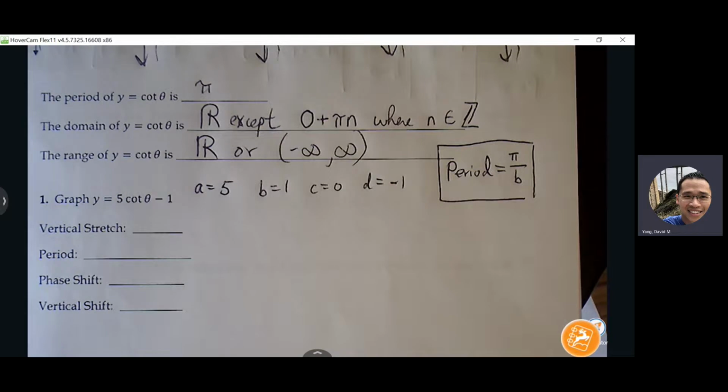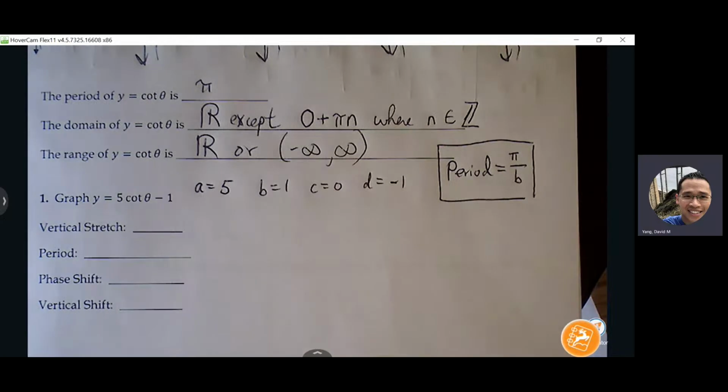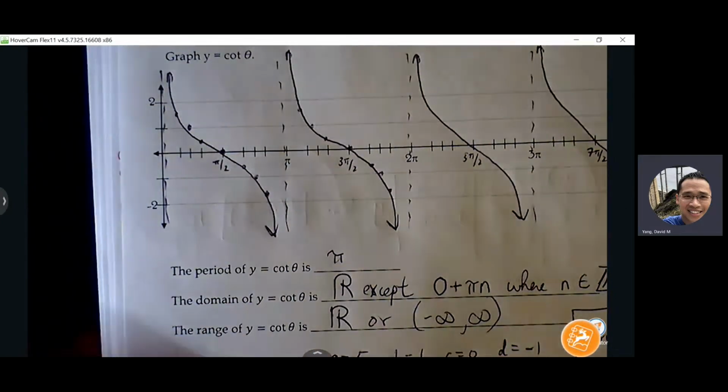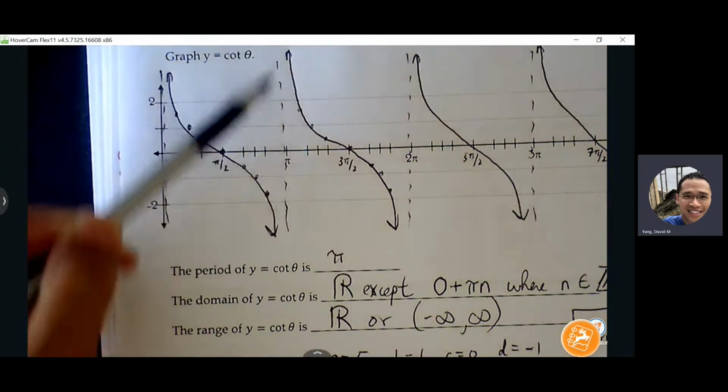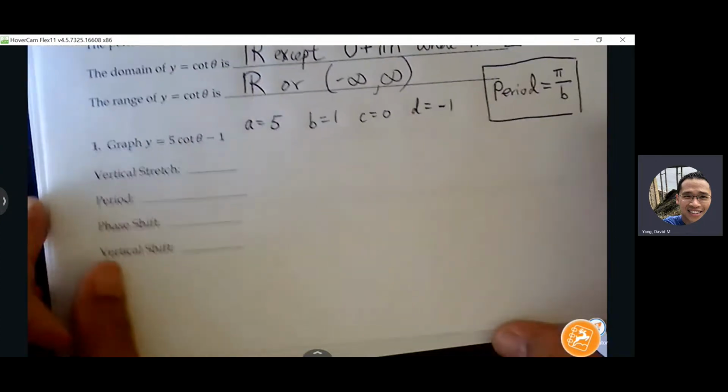Yeah. So all the other 4 trig functions we've done so far have been period of 2 pi. So that's why we do 2 pi over b for every one of them, except for tangent and cotangent. I know we haven't done tangent yet, but it's going to feel very similar. You see that it's going to start repeating itself after pi, so that's why it's only pi over b.